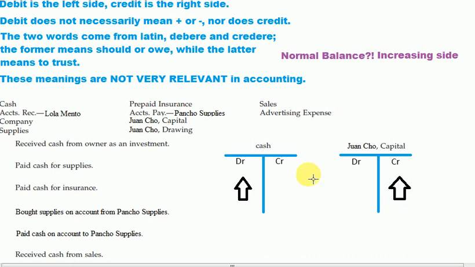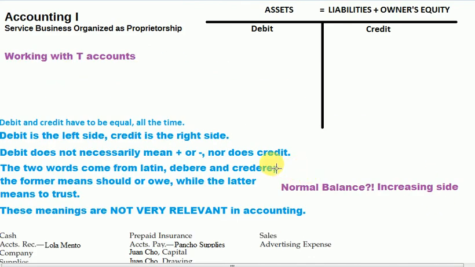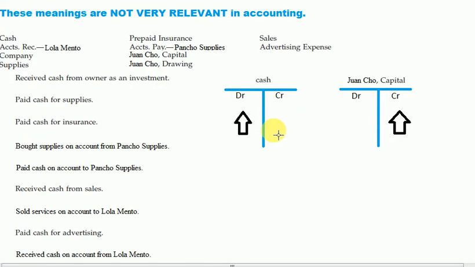So it proves the theory that debit and credit have to be equal. Debit and credit are equal all the time. Very good.